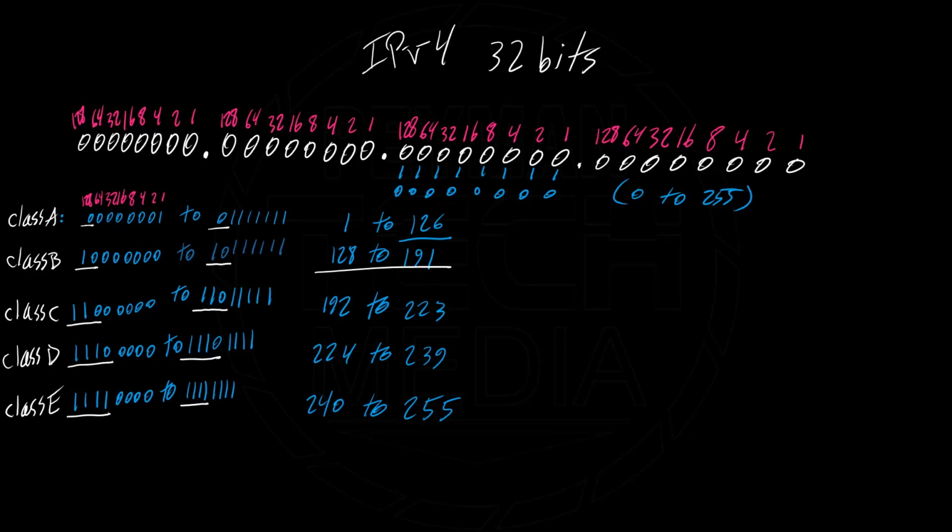Before we get into the subnet mask, what is the purpose of subnet mask? It basically determines what section of IPv4 belongs to the network and what section of the IP address belongs to the host. For example, when we have IP address of, let's say, 192.65.32.18, so looking at this IP address, first octet 192 falls into class C. So what is the default subnet mask for class C?